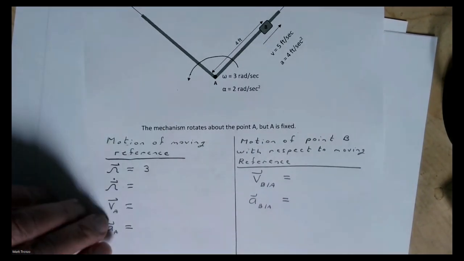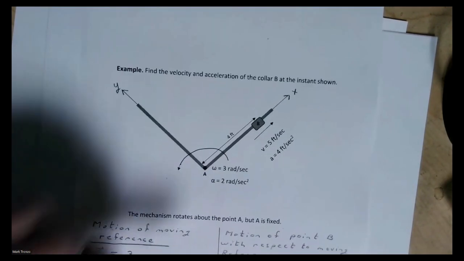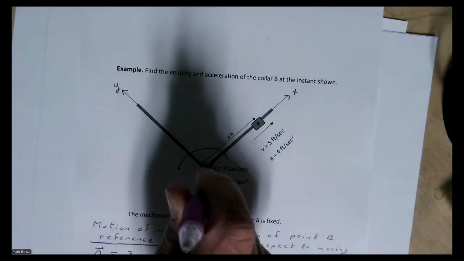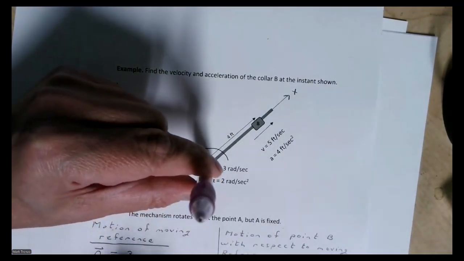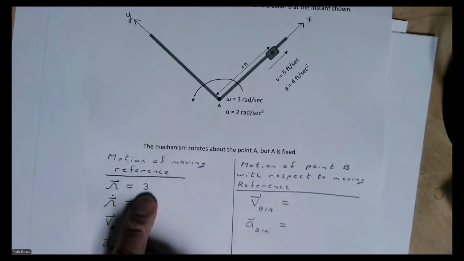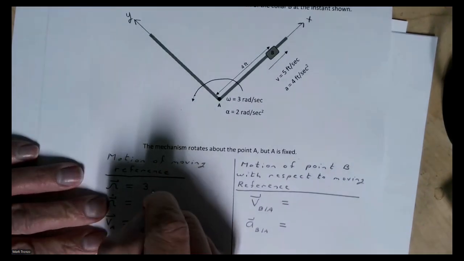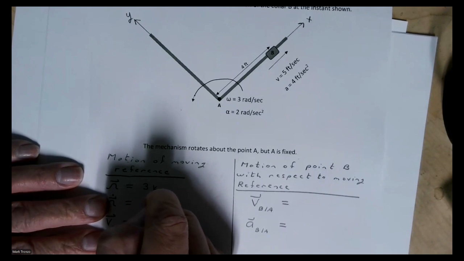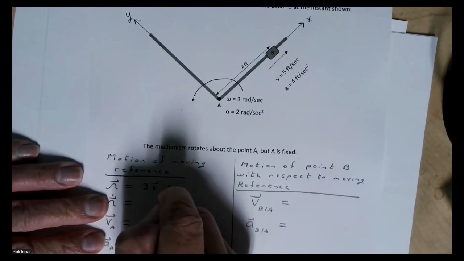And remember that if this is in the XY plane, it's rotating about the Z axis. So therefore, this 3 radians per second is going to have a k with it, representing the Z axis.